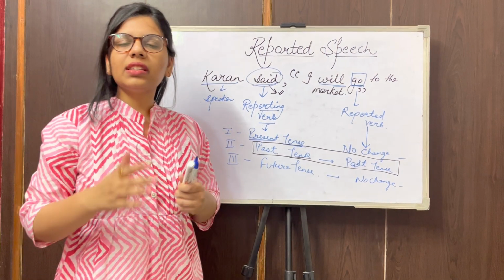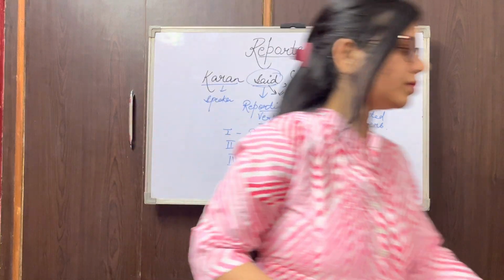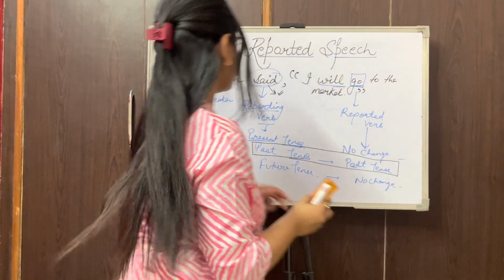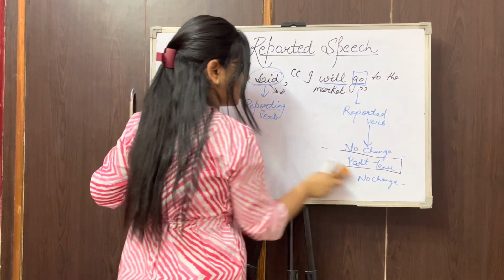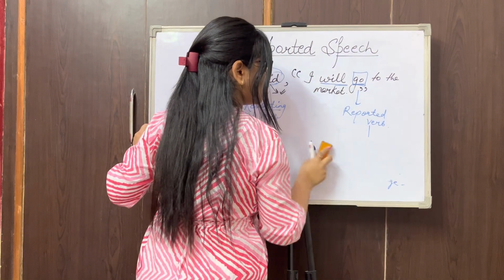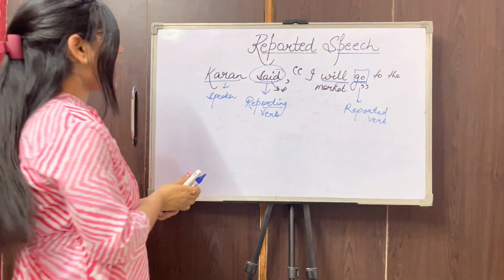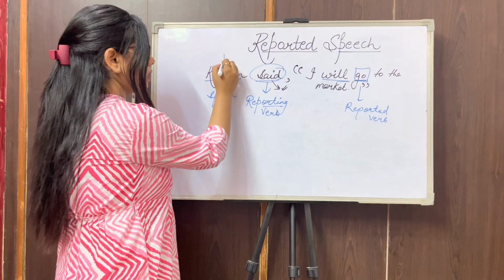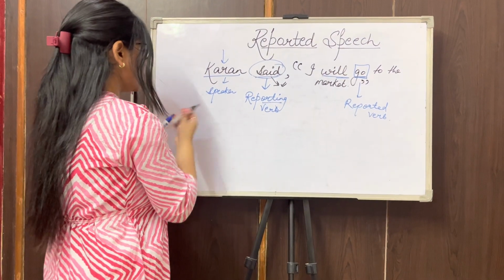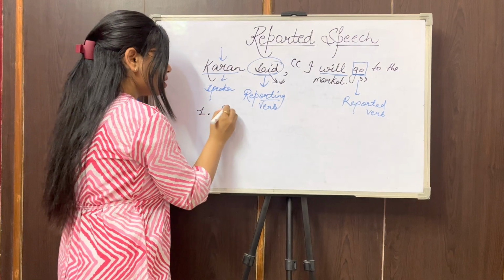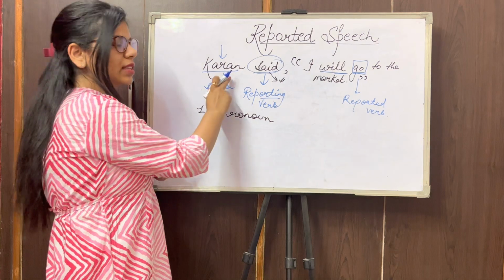Now let's understand the different components that need to be changed. So first of all, we have to identify the speaker. The first thing that we change is the pronoun. Now here, Karan is the speaker.